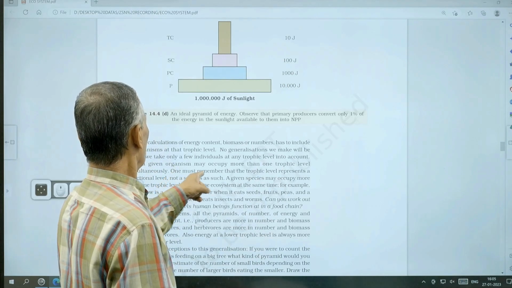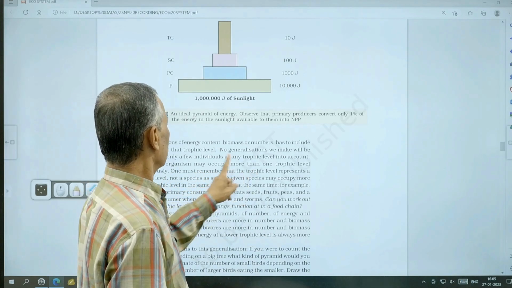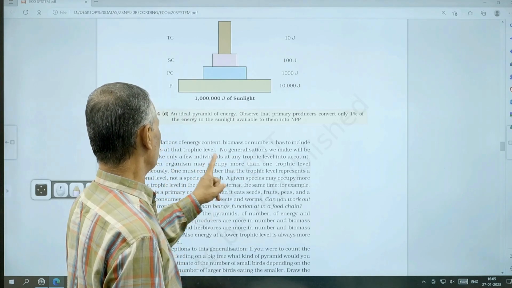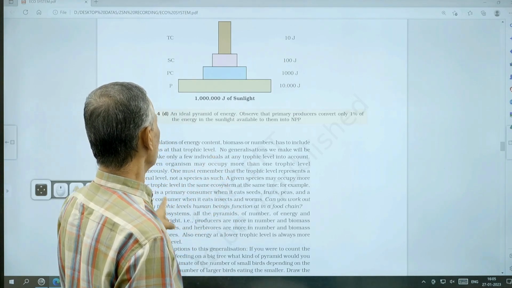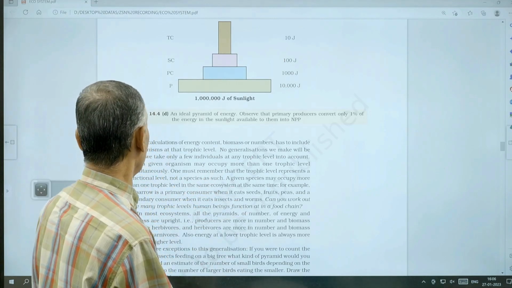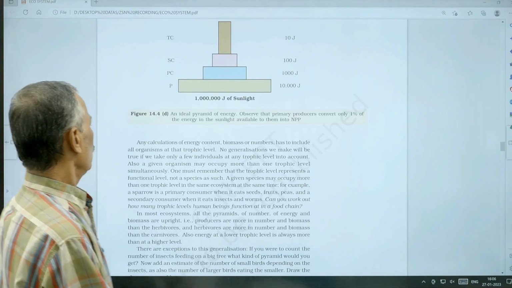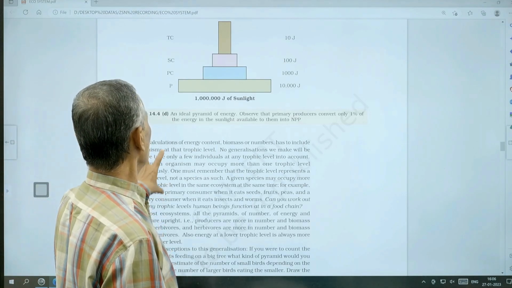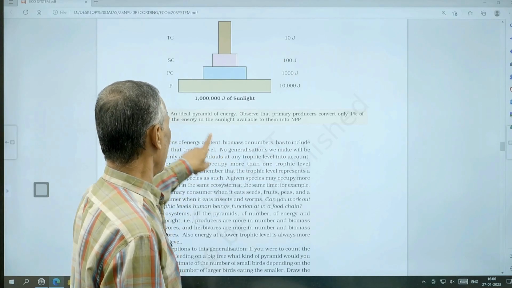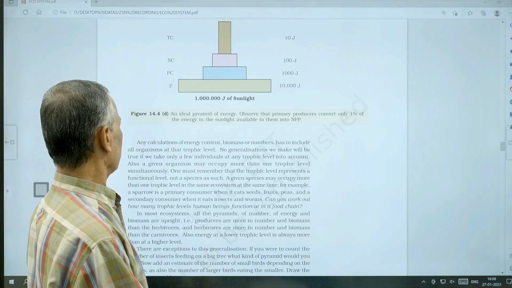So one must remember that the trophic level represents a functional level, not a species as such. So a given species may occupy more than one trophic level in the same ecosystem at the same time also. So we have to take into account all organisms in that trophic level.